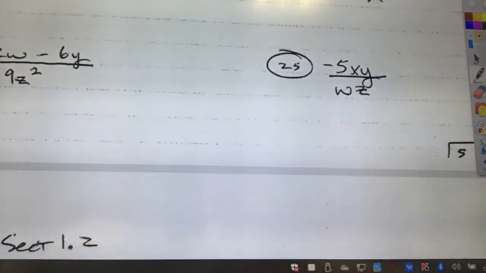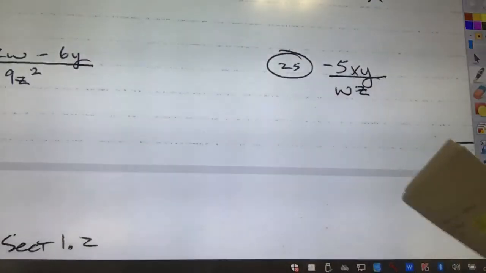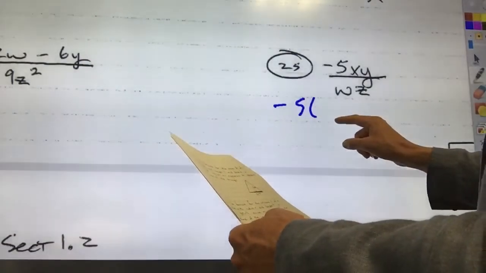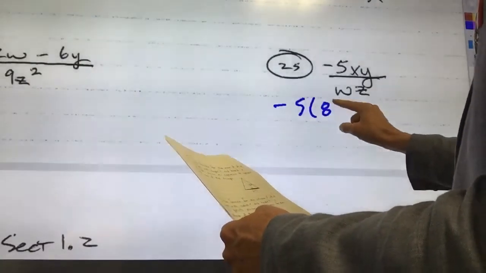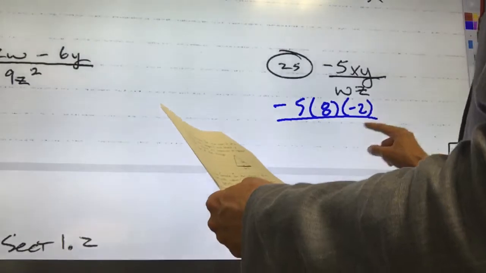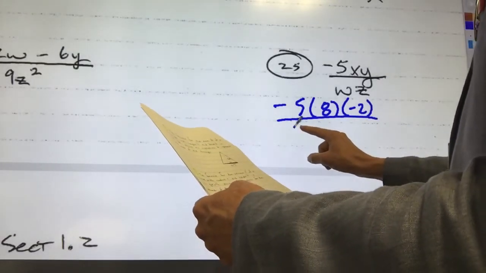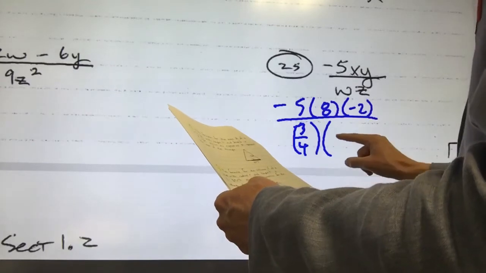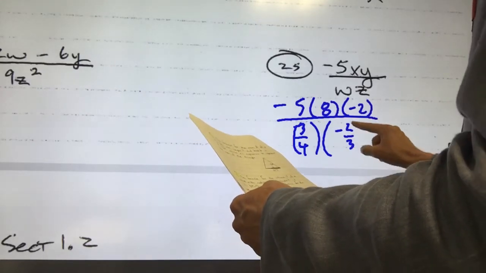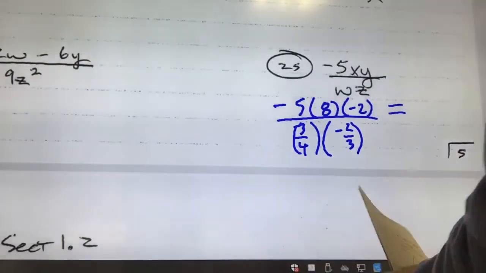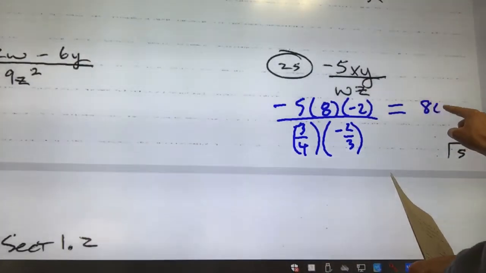All right, on 25, I have a negative 5 times x times y divided by W times Z. Up top, negative times positive, we got 80.